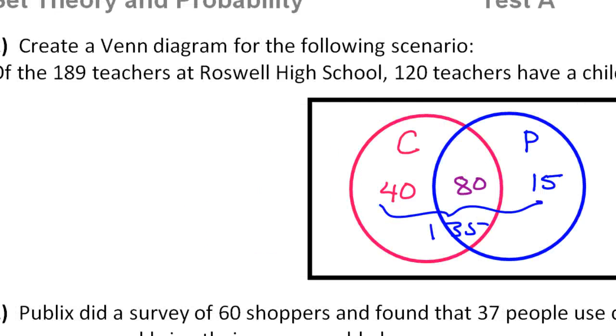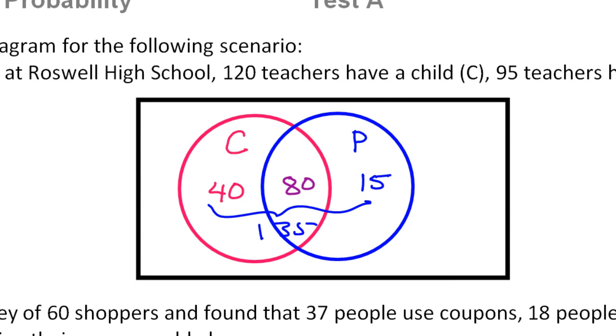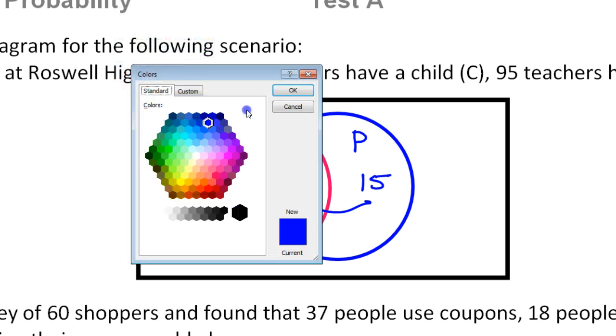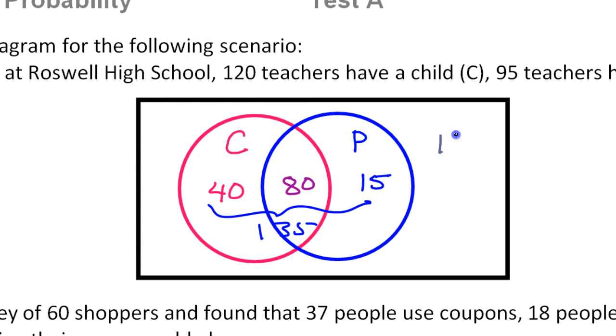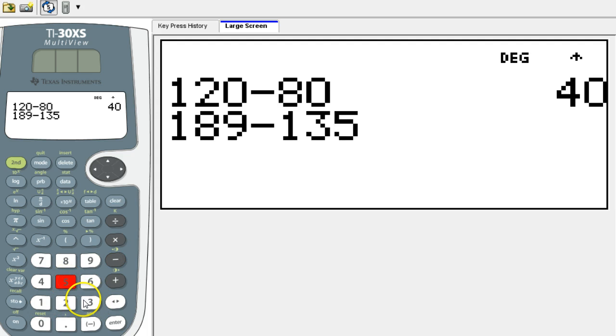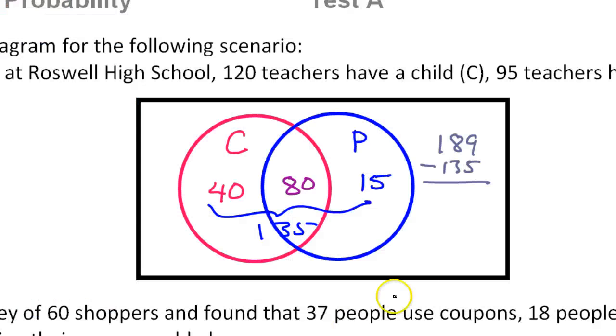But there's a total of 189. So I need to do, oh yeah, I remember. I need to do 189 minus this 135 to figure out the number that goes out here. Okay, that's 54.